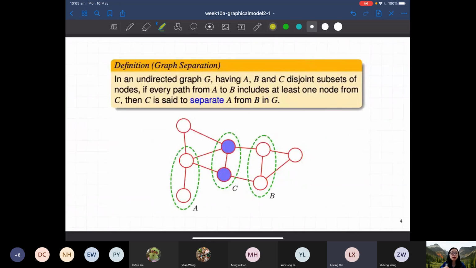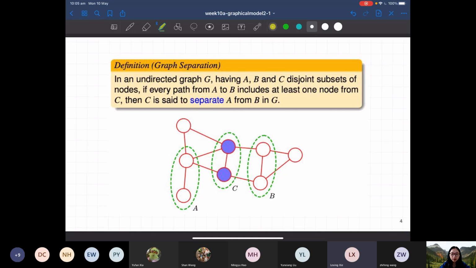So here's a definition for separating nodes in undirected graphs. What's shown here is an undirected graph. Take, for example, the sets of nodes A, B, and C. There can be other nodes other than in these specified sets.